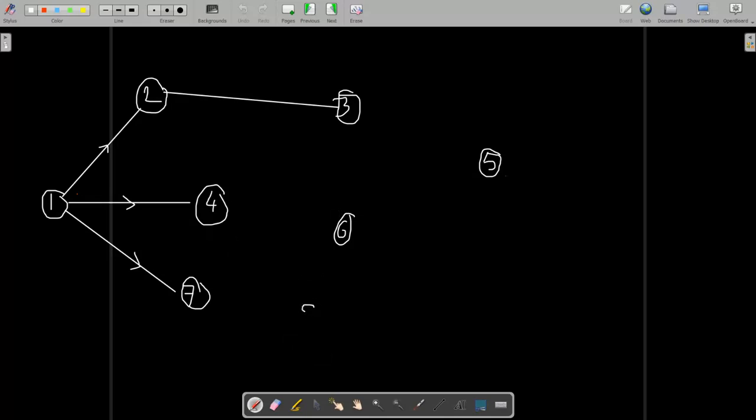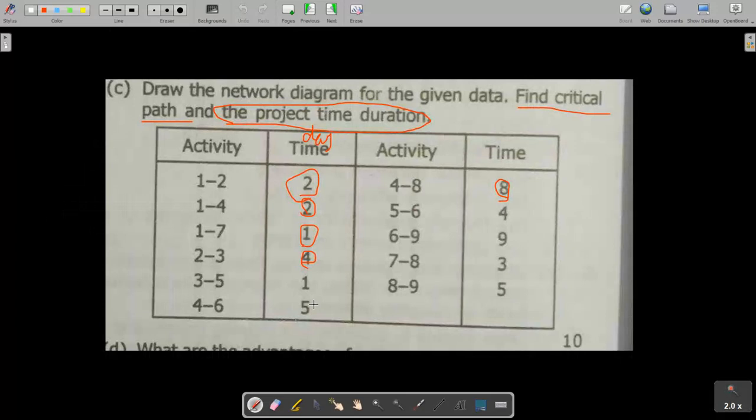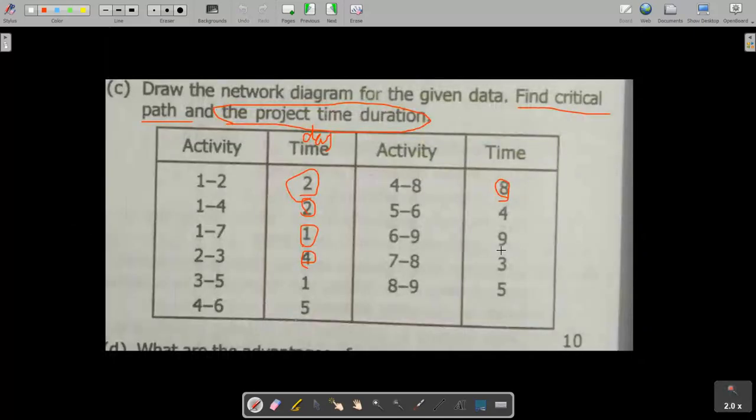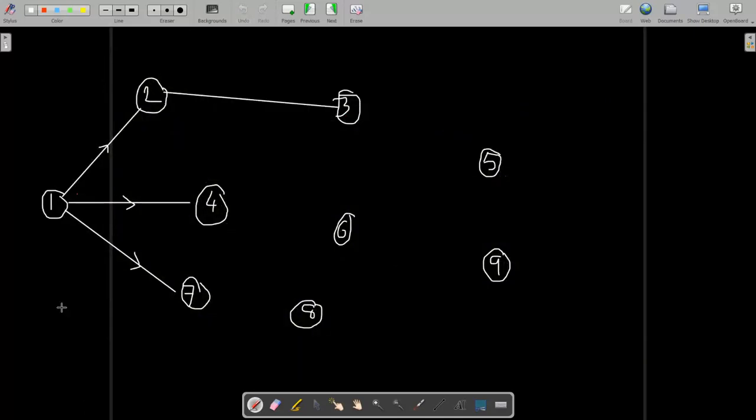From 4 there are two activities, 6 and 8. There is 6 to 9. The ninth point is shown here, and 7 to 8 and 8 to 9. So we'll just draw 3 to 5, 4 to 6 and 4 to 8.